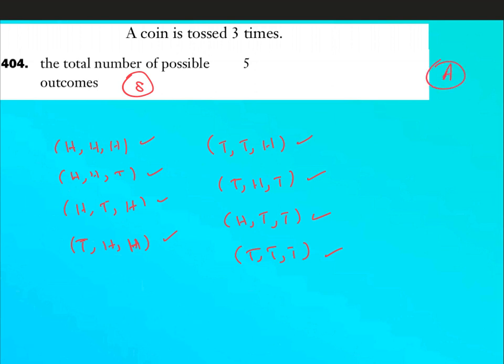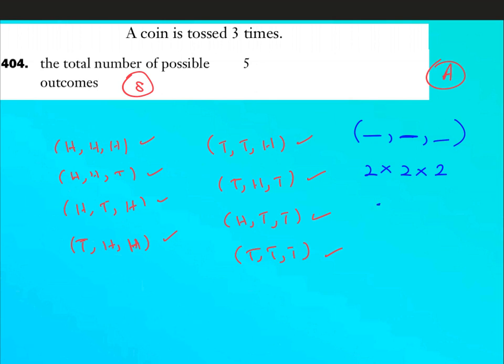Now this was the listing approach. There is an easier method to find this, which is in every trial we have 3 values. So for the first trial, we have 2 possible outcomes. So there are 2 possibilities for the first one, and basically it is multiplication. You have 2 possibilities for the second one, head or tail, and you have 2 possibilities for the last one.